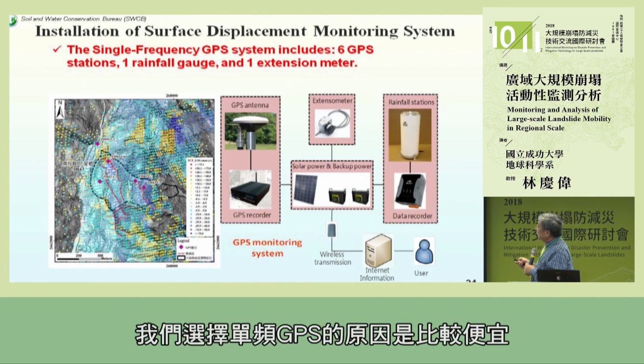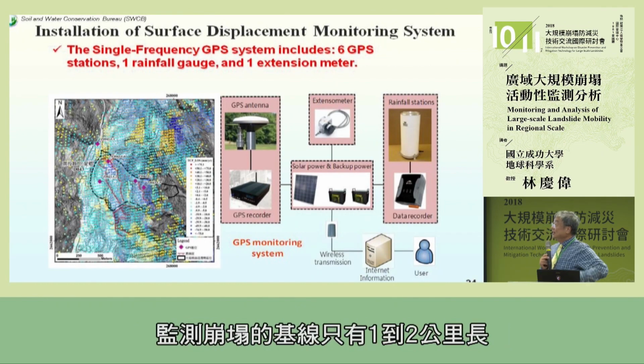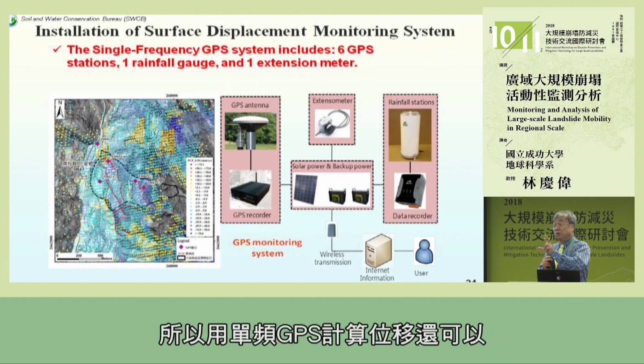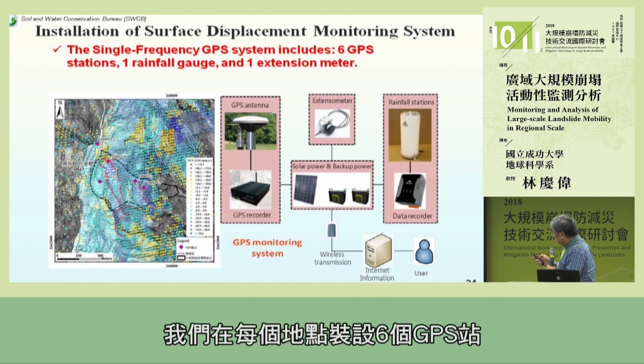The reason we choose single frequency GPS is that it's cheaper. And for landslide monitoring, the space baseline is only 1 to 2 kilometers long, so it is okay for single frequency GPS to calculate the displacement.